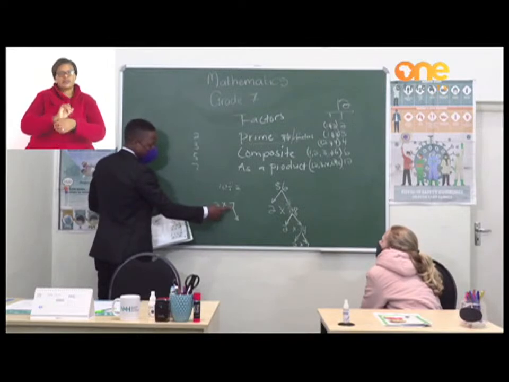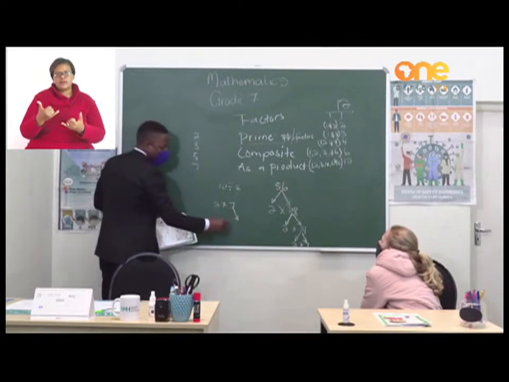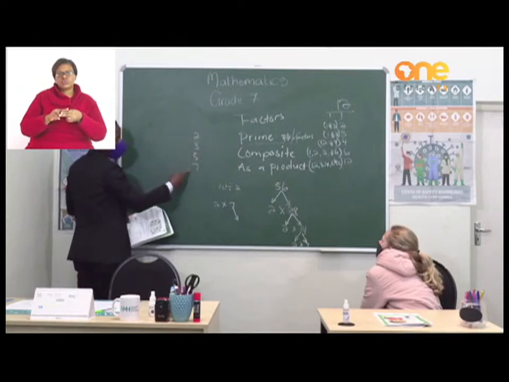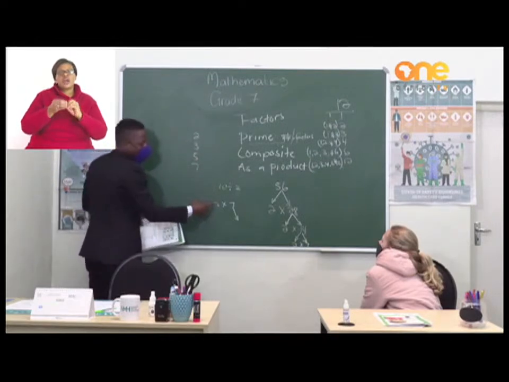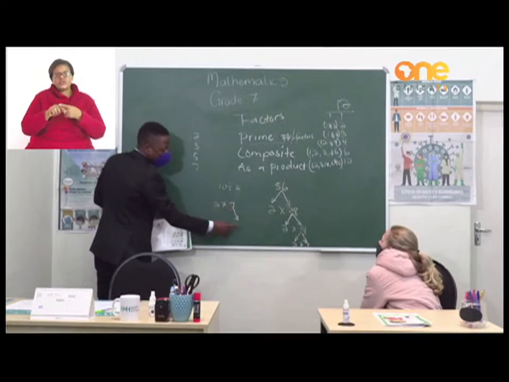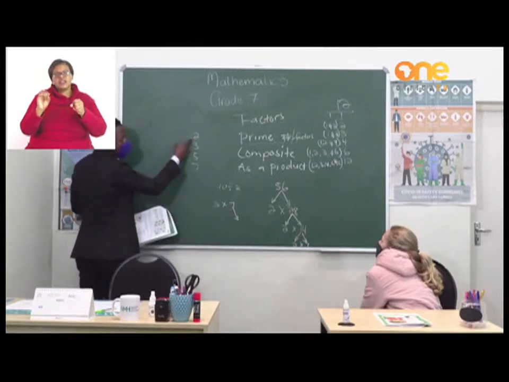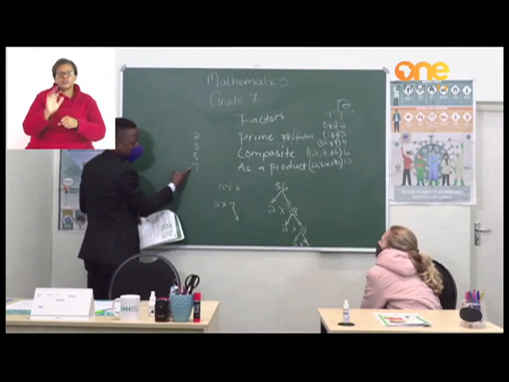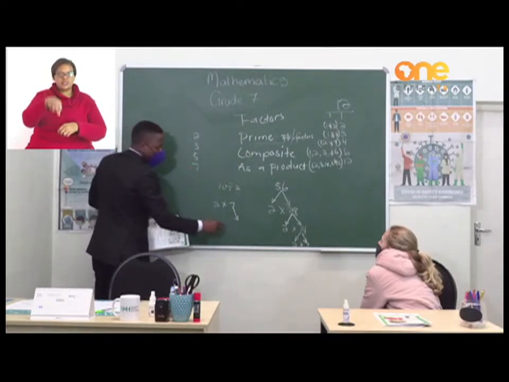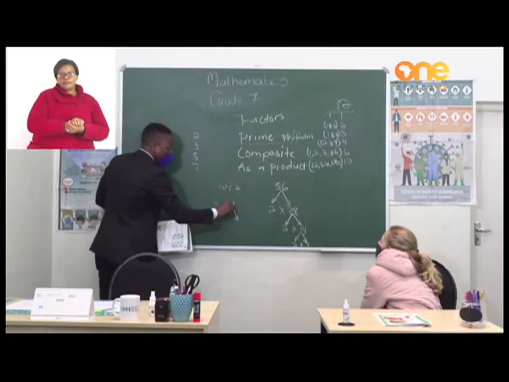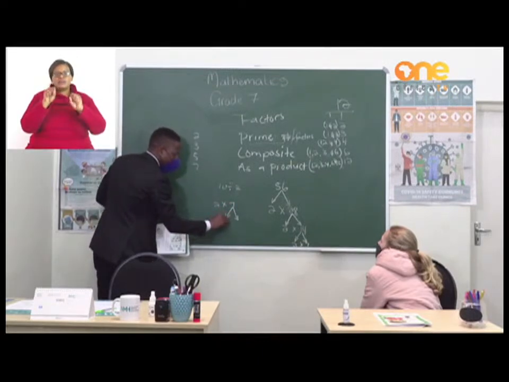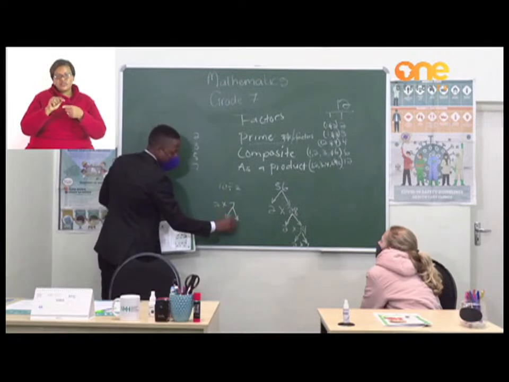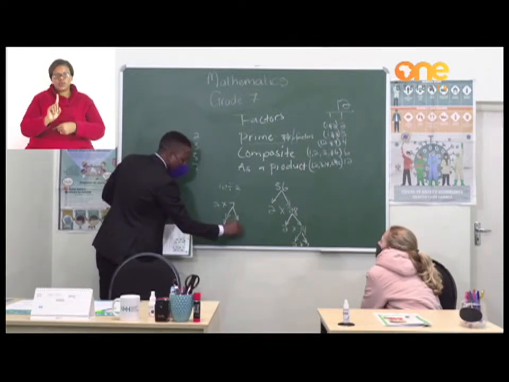So in this case, I have to use a prime factor on this list that will divide into 7 to give me a whole number. 2 cannot, 3 cannot, 5 cannot, 7 can. So if I divide by 7, 7 goes into 7 one time.